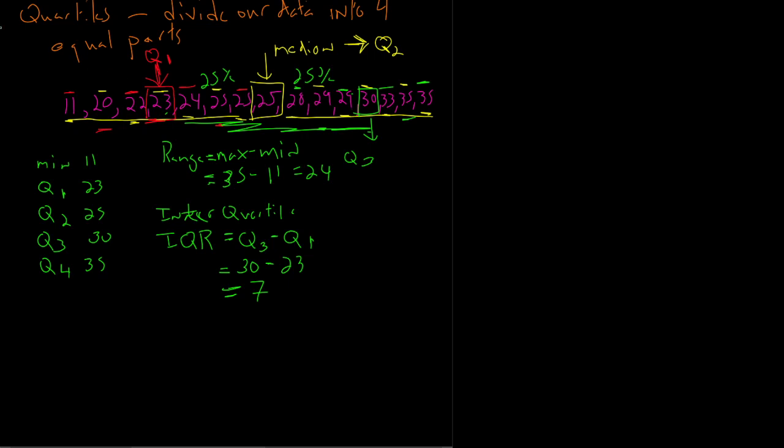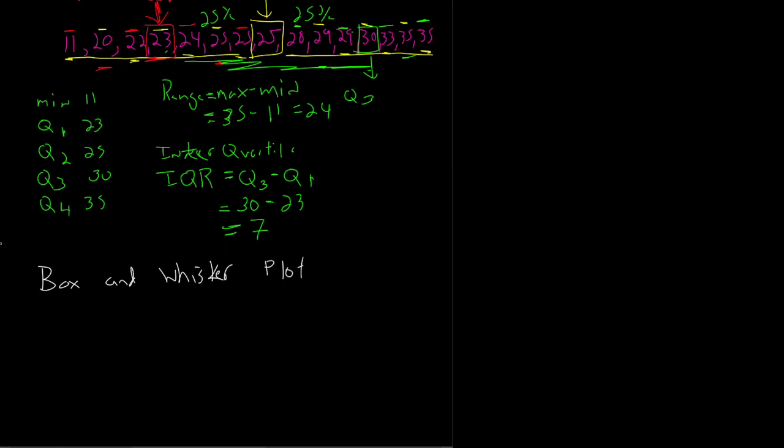And so we're going to make a way of representing this. This is called a box and whisker plot. And what I do is I make a number line that spaces out my data evenly. So I'm going to start on 11, make my number line here.